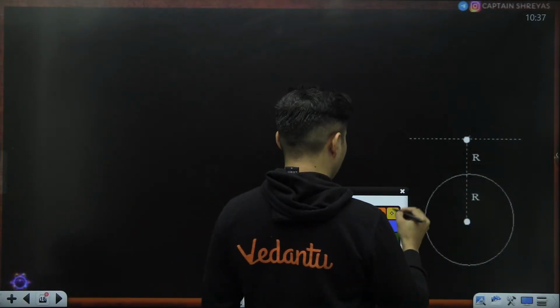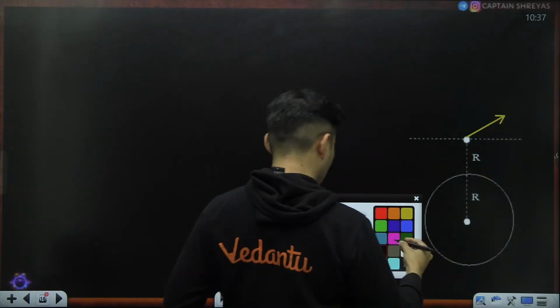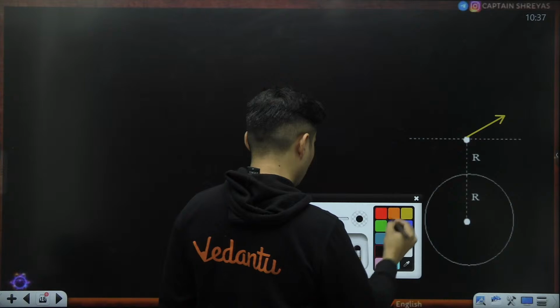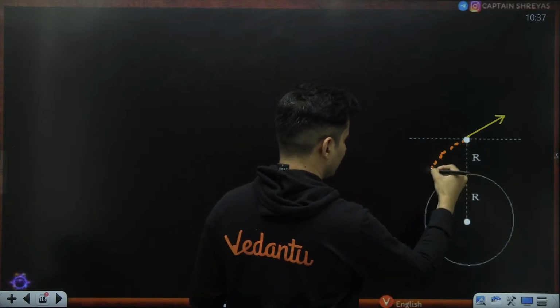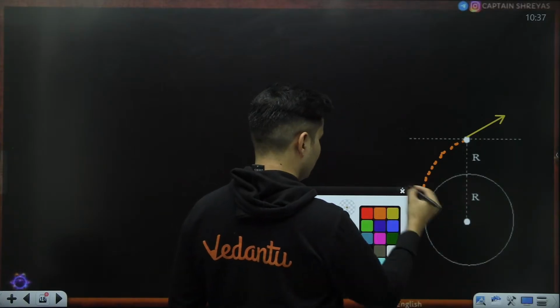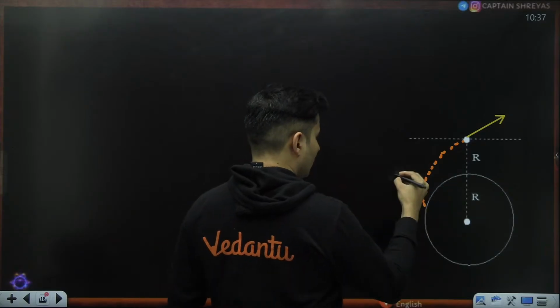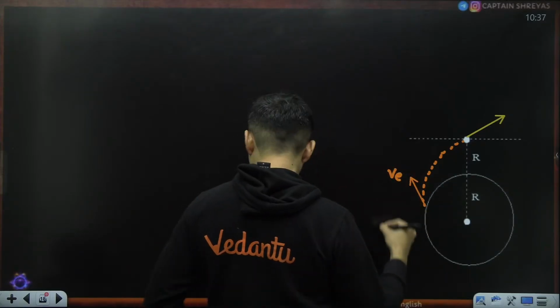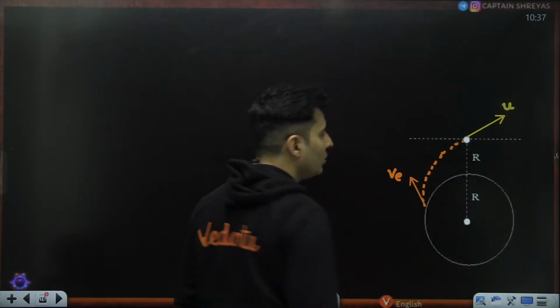Let's say after moving some amount, it is like this. Here it was thrown with escape velocity. Here it has some other velocity, let's say I call it u.